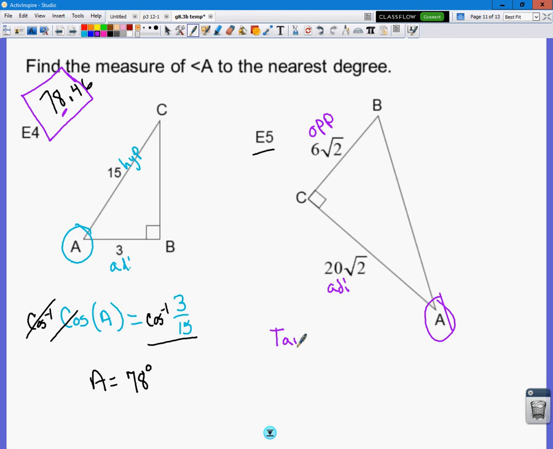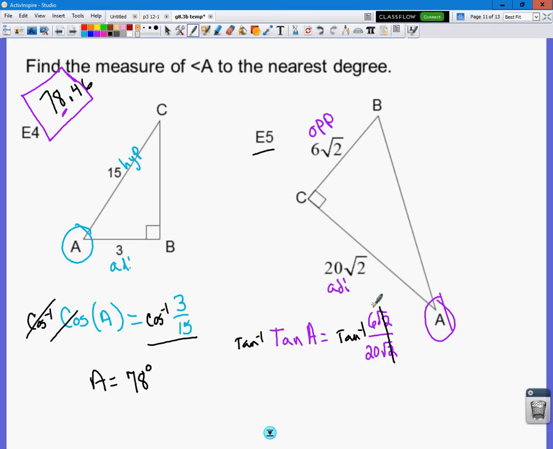So, the tangent of A is equal to the opposite, 6 square roots of 2, over 20 square roots of 2. Now, although I could simplify the whole fraction, I certainly would at least cross out the square roots. And then I probably would just take the inverse tangent of it.